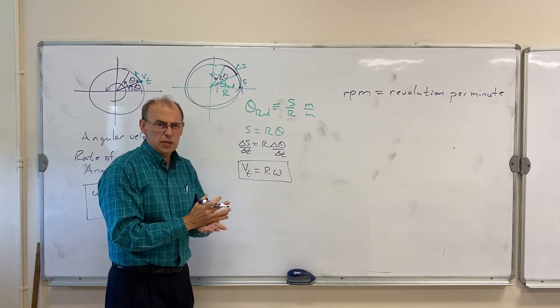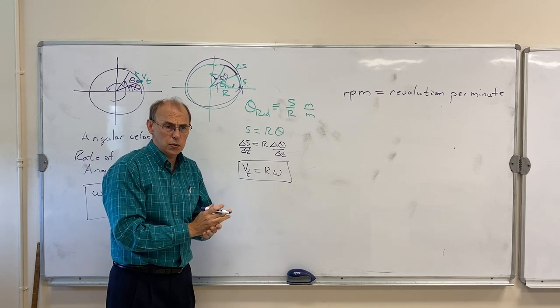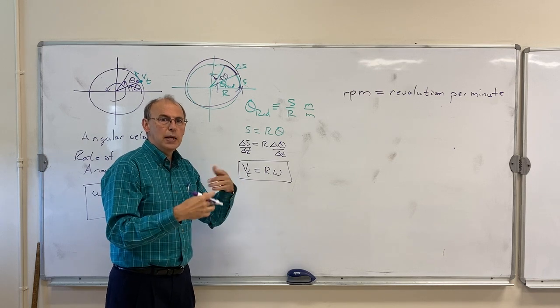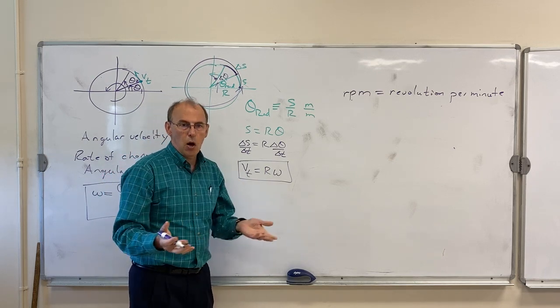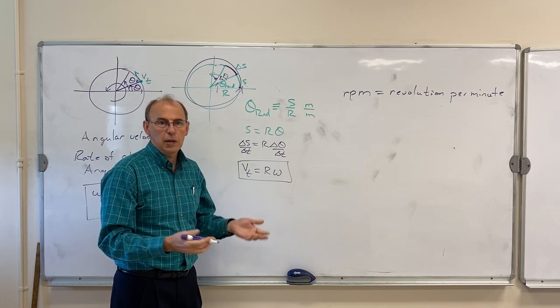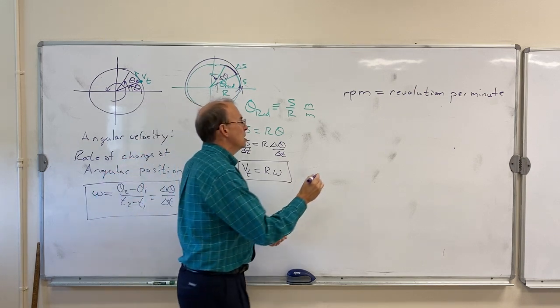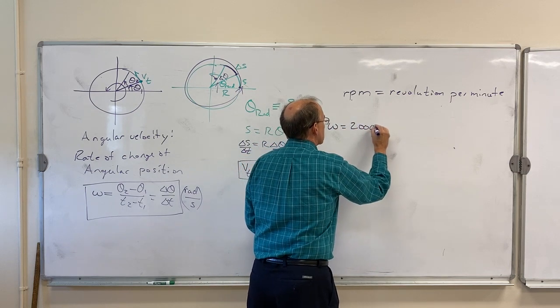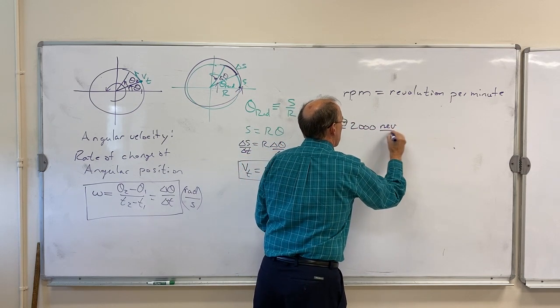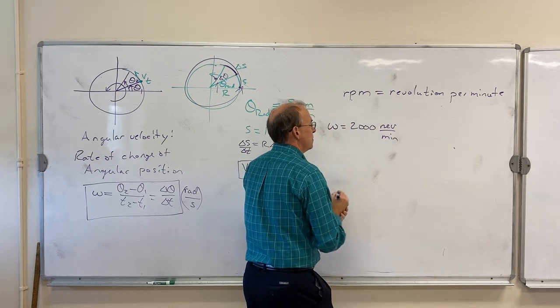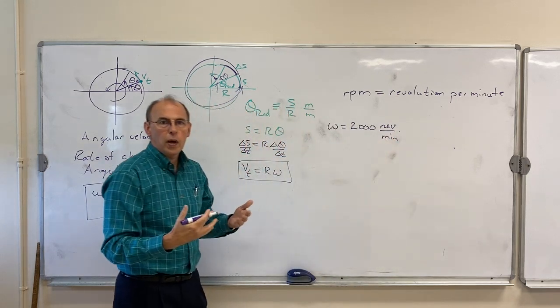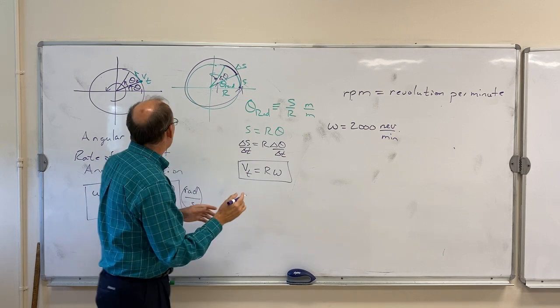So this is the unit that's in your car. Your tachometer on your car tells you how many times your engine turns around every minute. So a common RPM in a car is about 2,000. So for example, in your car, you might have an omega that's 2,000 revolutions per minute times one revolution going all the way around is 2 pi radians.